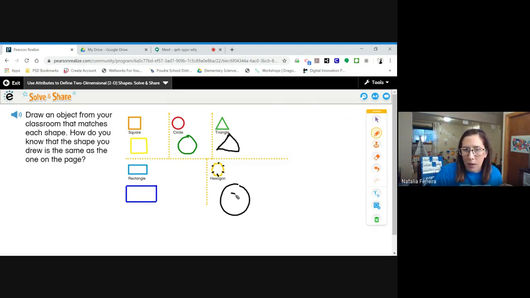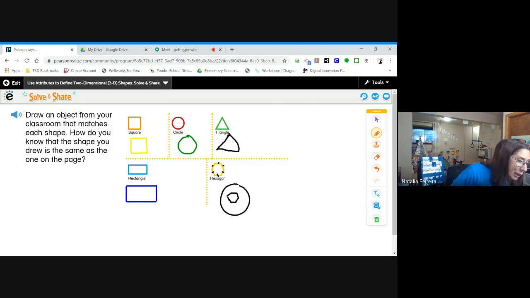So 1, 2, 3, 4, 5, 6. Oh, that's not a very good hexagon, but I did try my best. So I found a hexagon too.